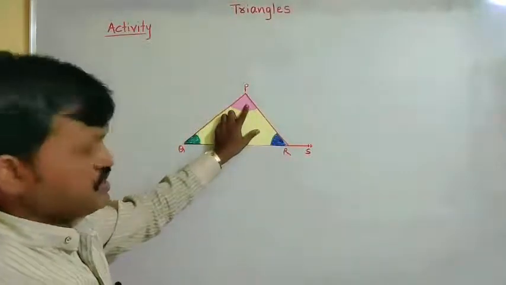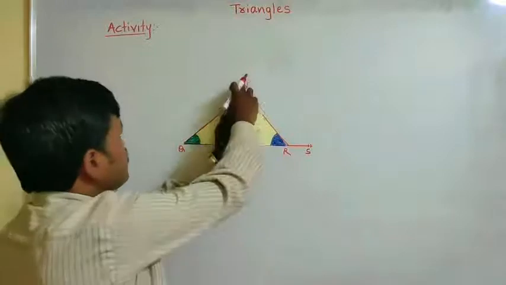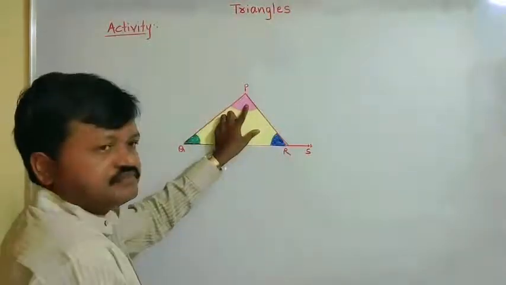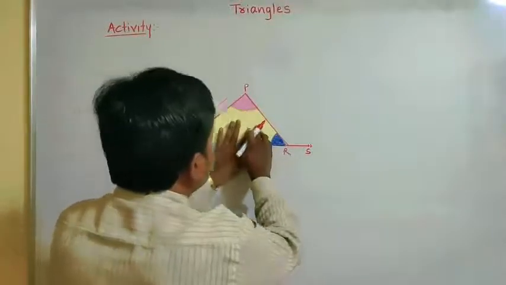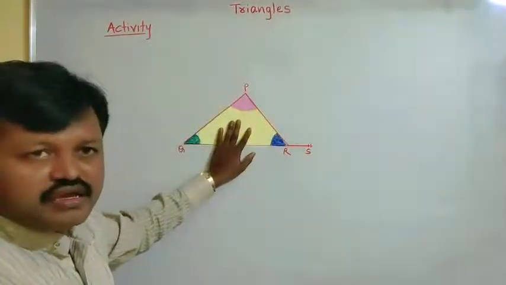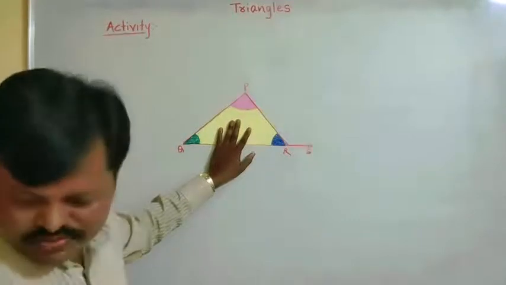Now this complete figure here. So look here, triangle PQR and angle PRS is the exterior angle of this triangle. So what is the property of this?